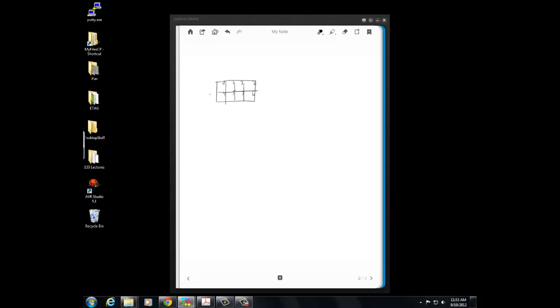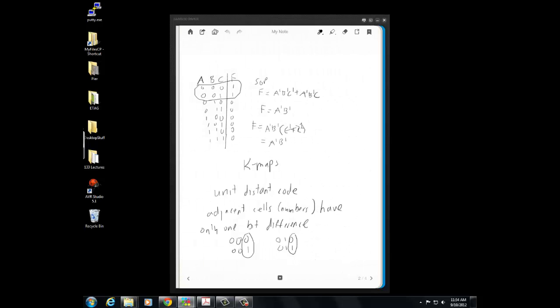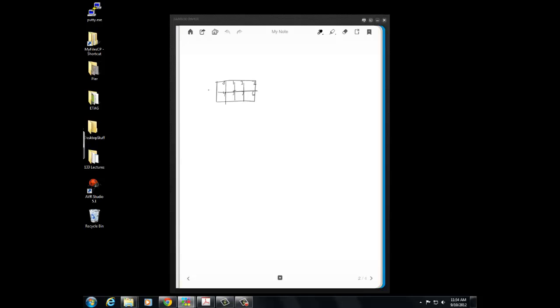So I like to remember the order. If we go look here, we have A, B, and C. A is our first variable, C is our last variable. So this whole first row is going to represent A naught. So this whole row are terms that have an A naught.